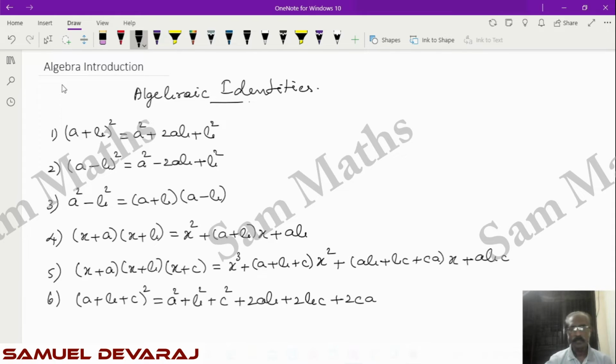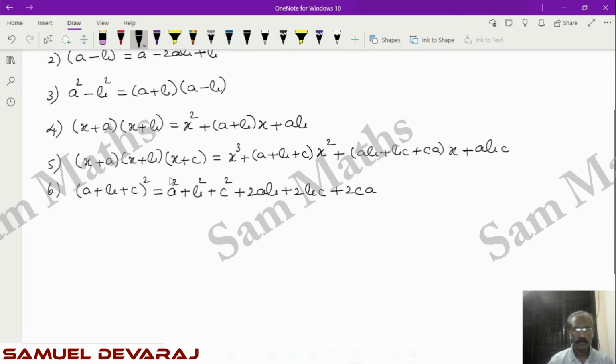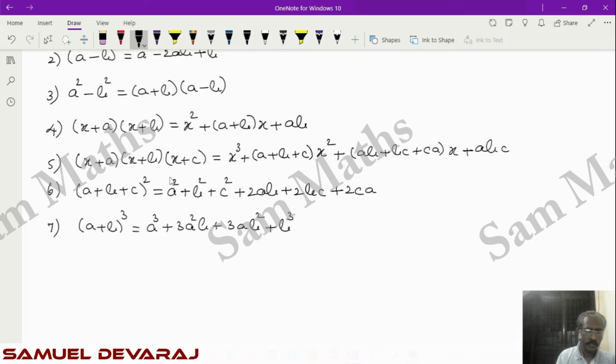Okay, children, so we have to learn some more identities. Seventh one, (a + b)³, which is equal to a³ + 3a²b + 3ab² + b³.